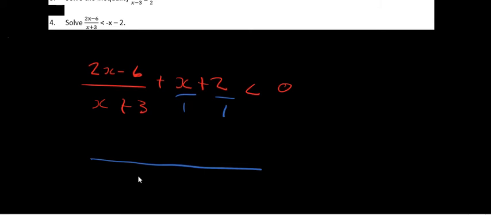So common denominator there is x plus 3, so this into that, you find that 2x minus 6, and then you say plus, you get the x there.